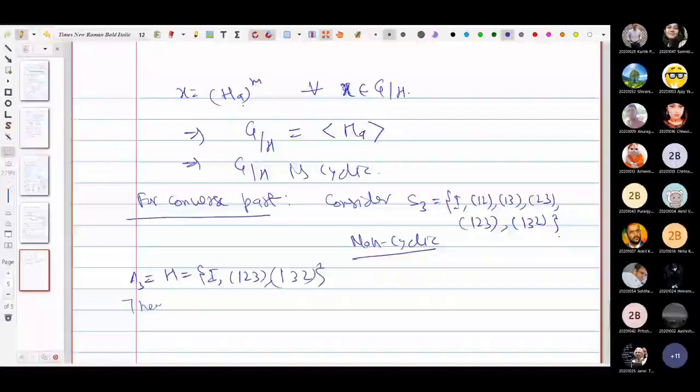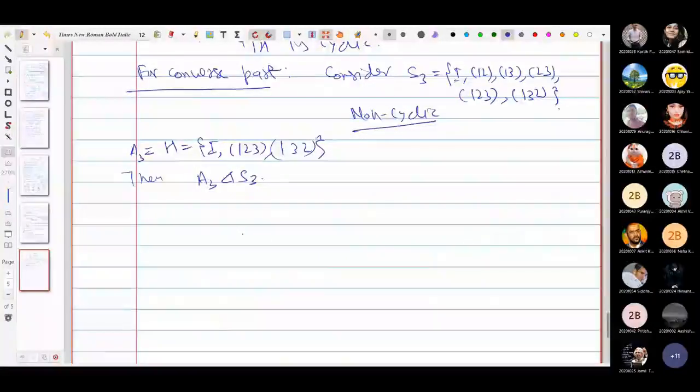So we can talk about S3 by A3, that is this quotient group. And the order of this is the order of S3 divided by the order of A3, that is 6 by 3, which equals 2.